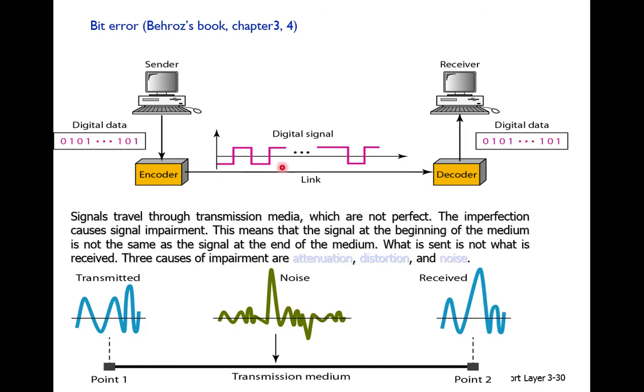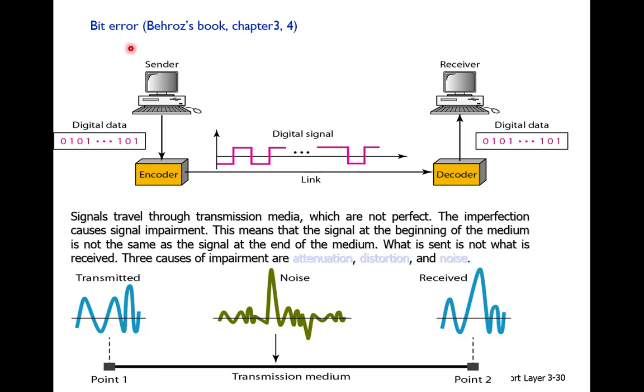As this signal propagates over the link, due to noise, interference, attenuation, or distortion, the signal can change. The received signal can become different. What does it mean? When you send 0 1, it may become 1 0. So the bits can flip. This is called bit error.